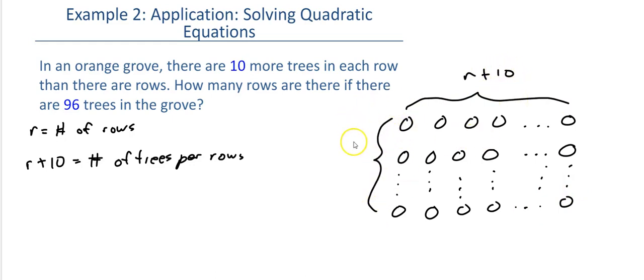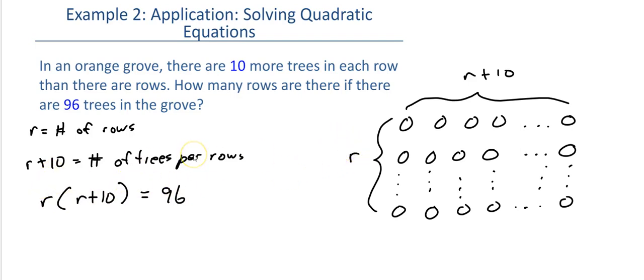This right here would be my R. It's almost sort of like an area problem in a way. You've got a length, you've got a width, then we're going to have an area inside of it. Well, the area inside is the 96 trees. So we have an R, and then an R plus 10, and we know that has to equal 96.